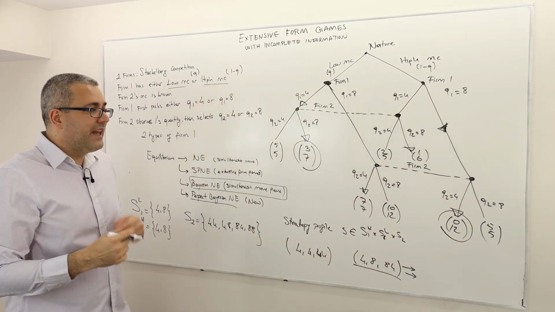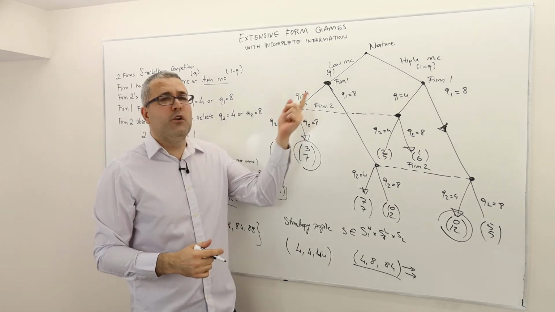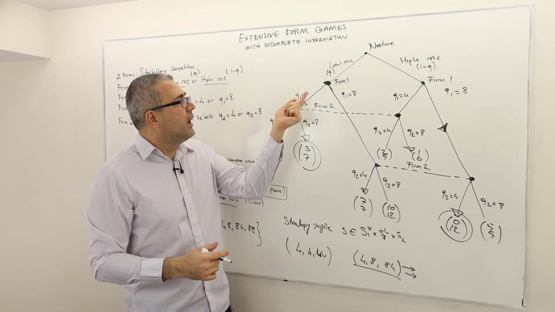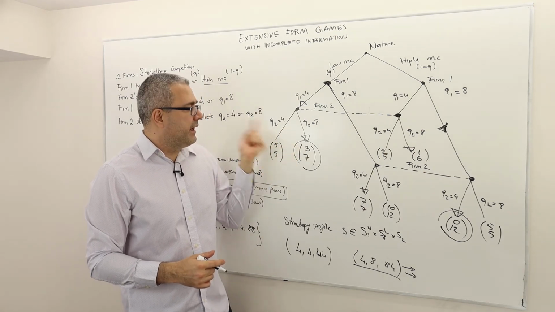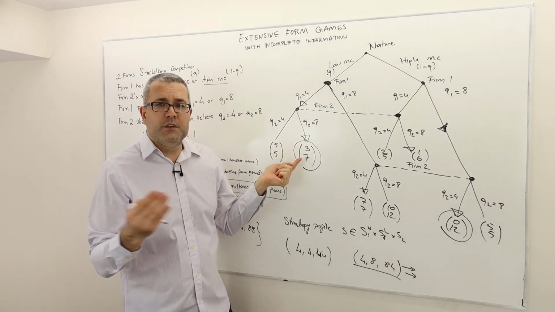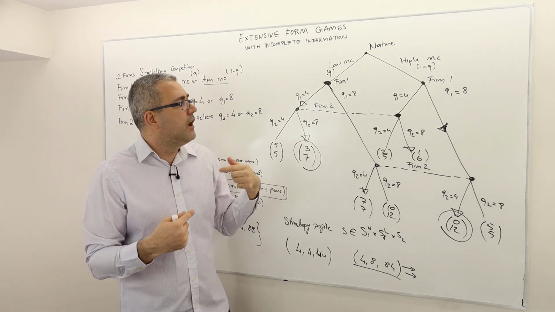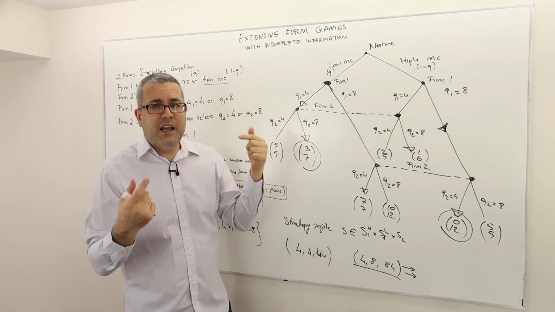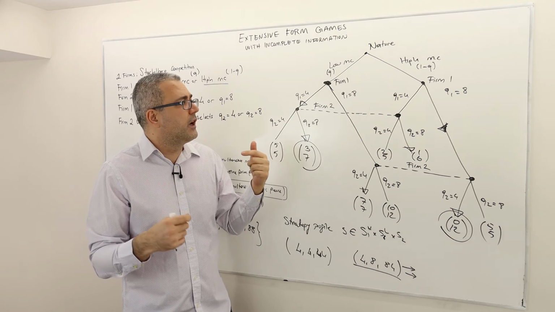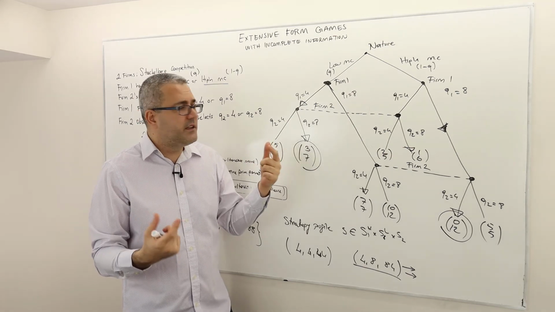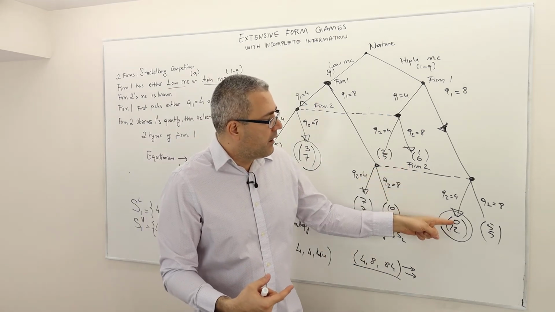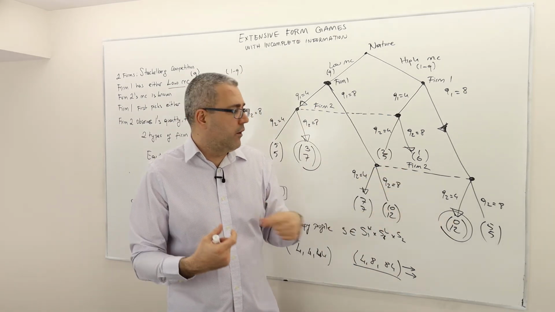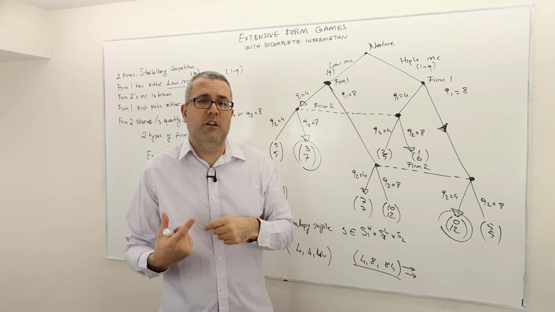So what does that mean? That means if firm 1 is actually low type, then firm 1 is going to be getting 3 units of output, and firm 2 is going to be getting 7 units of output. However, if firm 1 is a high type, the true type of firm 1, then according to this strategy profile, firm 1 is going to be getting 0 payoff, and firm 2 is going to be getting 12 payoff.